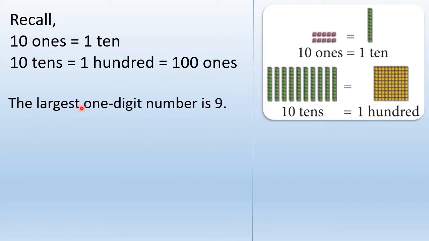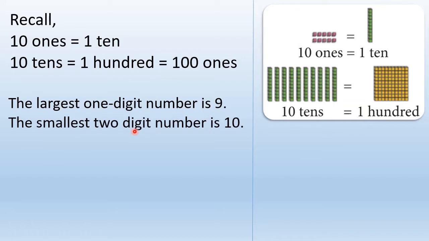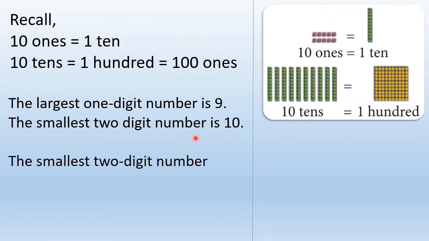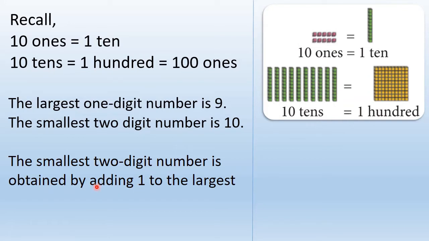The largest one-digit number is 9. So all these we learned in class 2 and class 1, that the largest one-digit number is 9, and the smallest two-digit number is 10. The smallest two-digit number is obtained by adding 1 to the largest one-digit number.